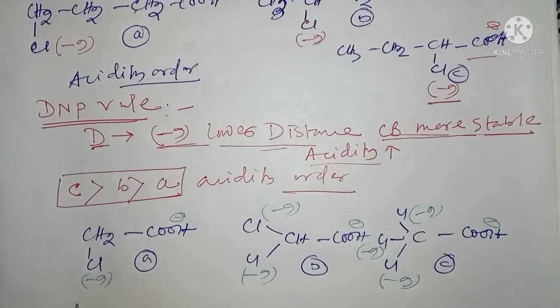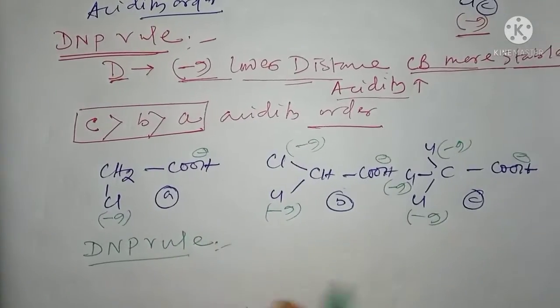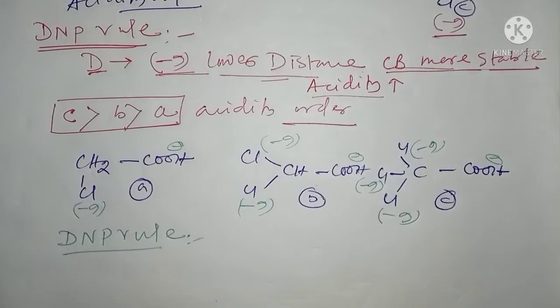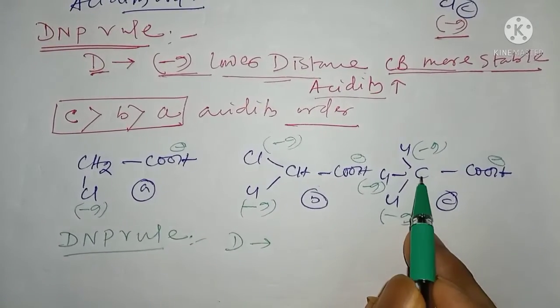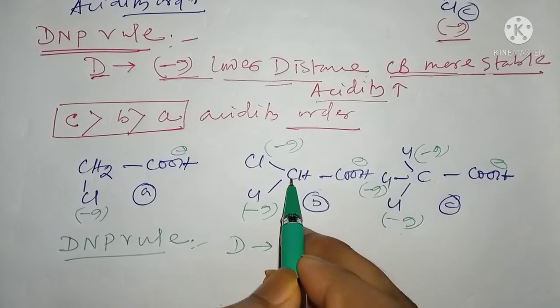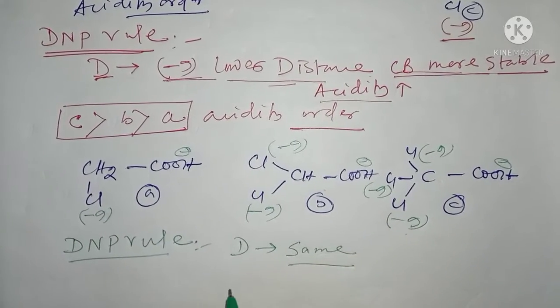First check the DNP rule. Now first check distance. This is the first position minus I effect, this is also the first position, this is also the first position. So distance is the same. Then check number.